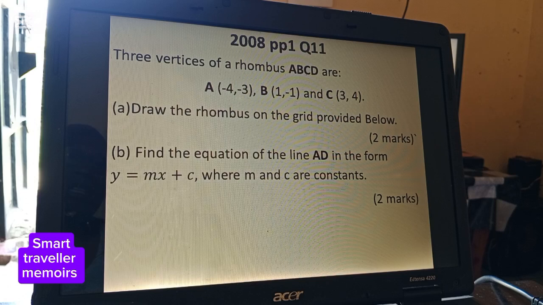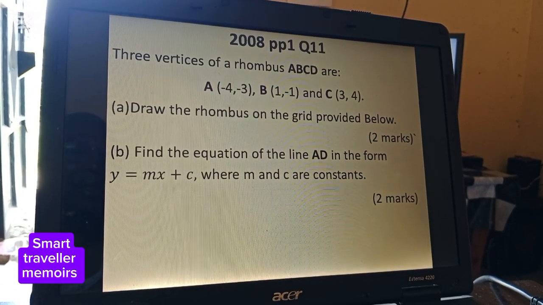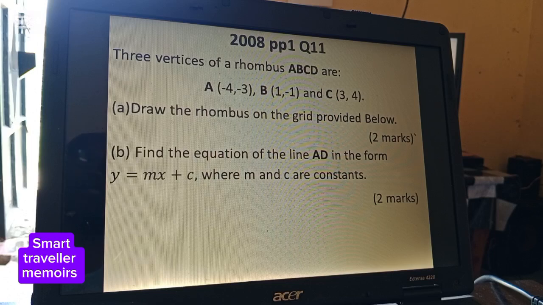And then you find the equation of the line AD in the form y = mx + c, where m and c are constants. In other words, you are using the standard linear equation.